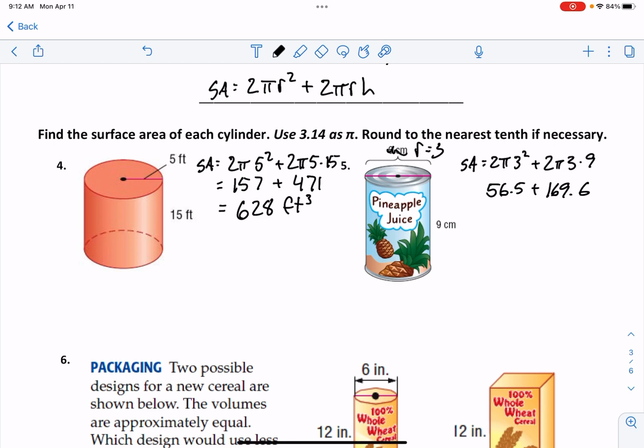Add those together, 169.6 plus 56.5 will give us 226.1 centimeters cubed.